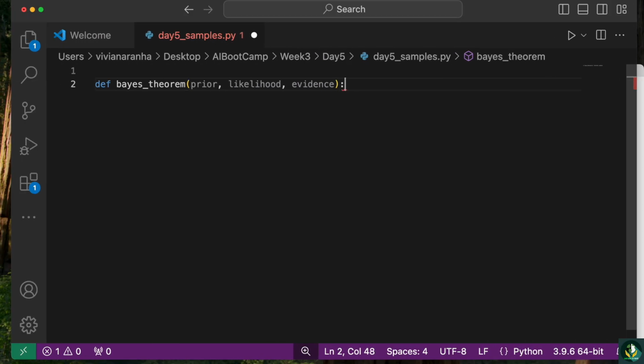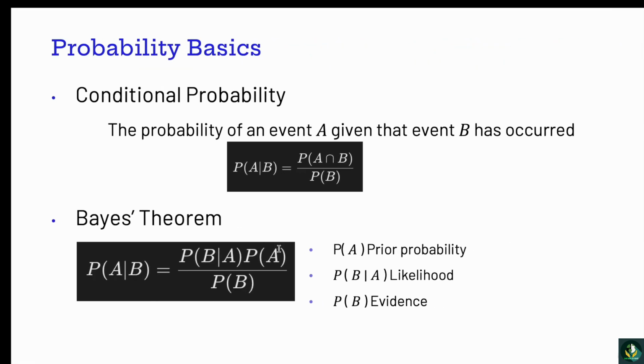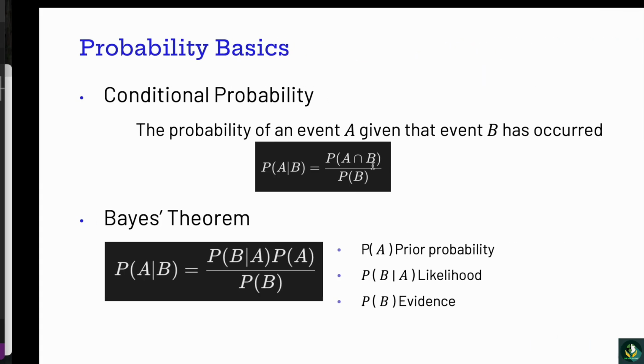To calculate it, you can say return likelihood times prior probability divided by evidence. That's the actual formula right here, so that's how Bayes' theorem works. Let's save this and close it, and let's go to the next topic, which is common probability distributions.